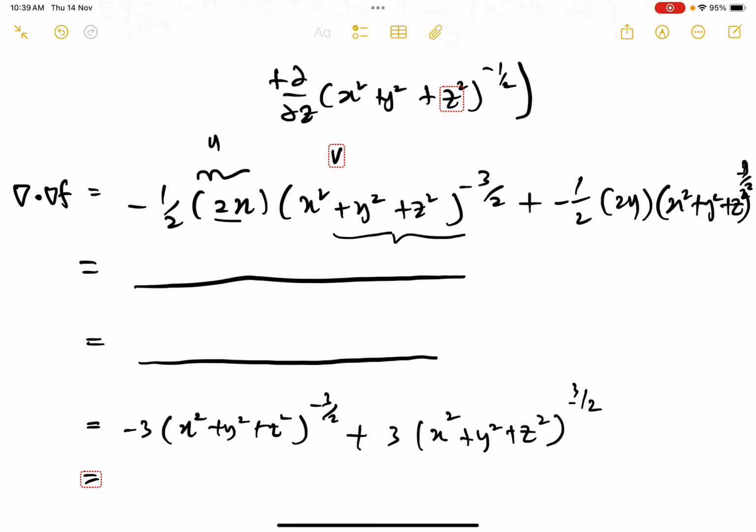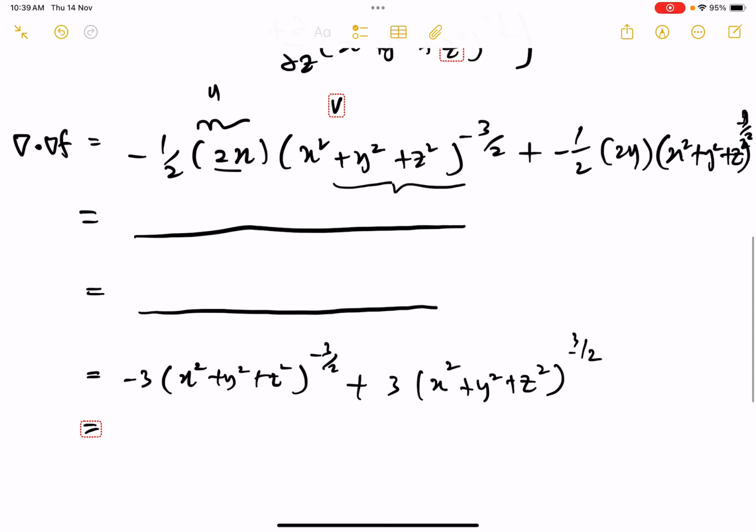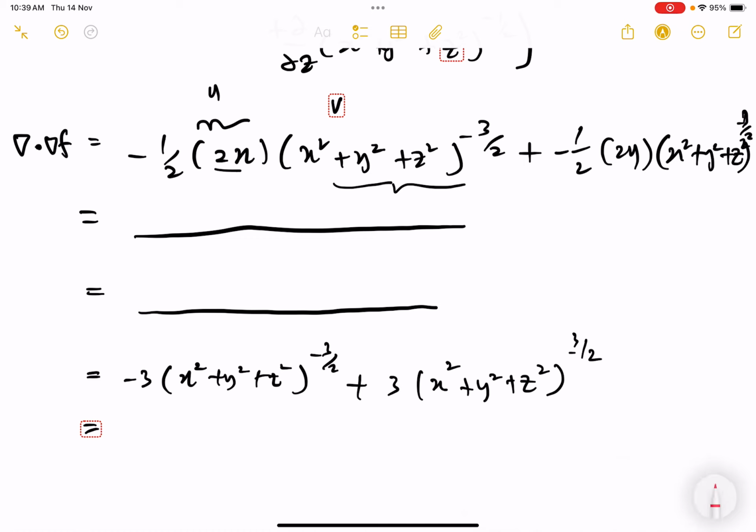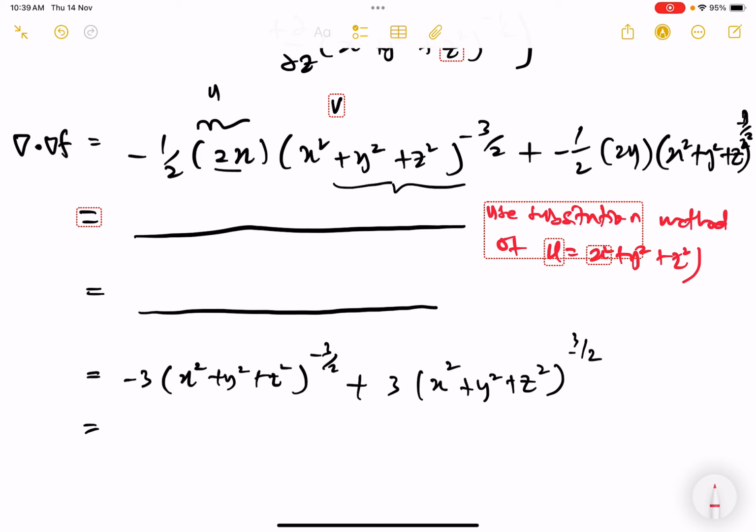Also, I'll try another step. You can use the substitution method, because this is quite long. Use the substitution method of u equals x squared plus y squared plus z squared.